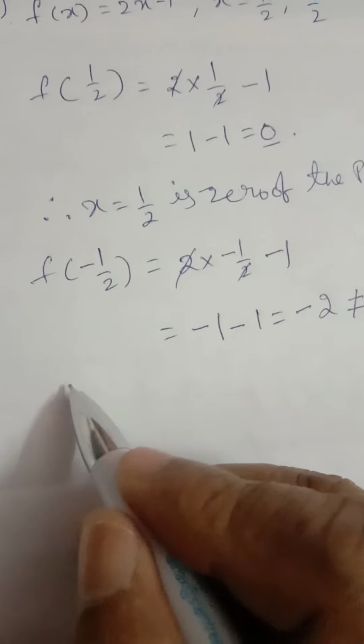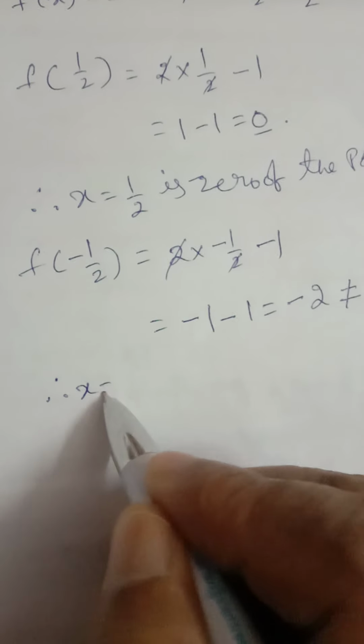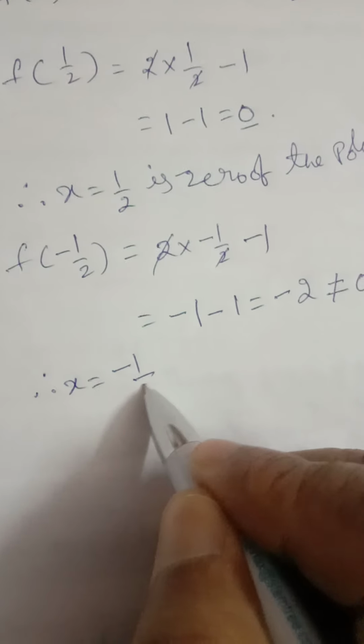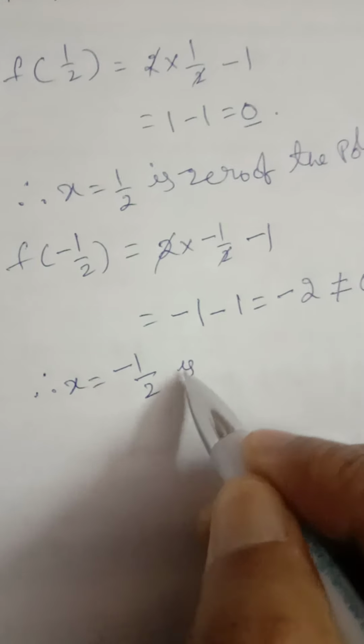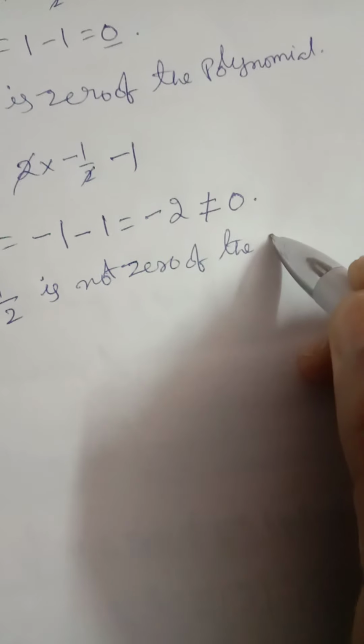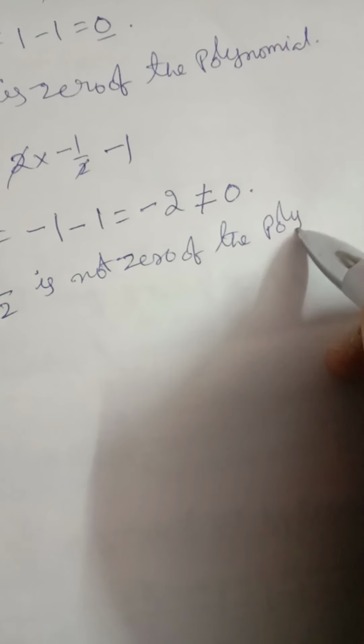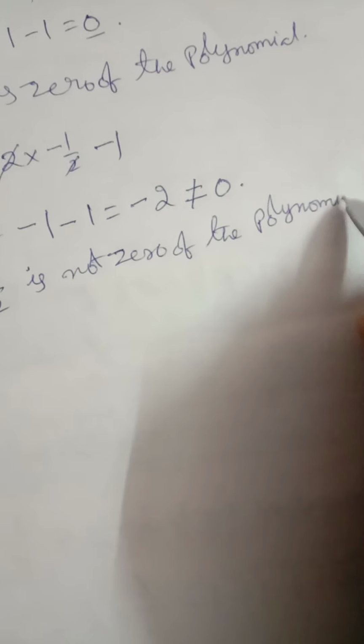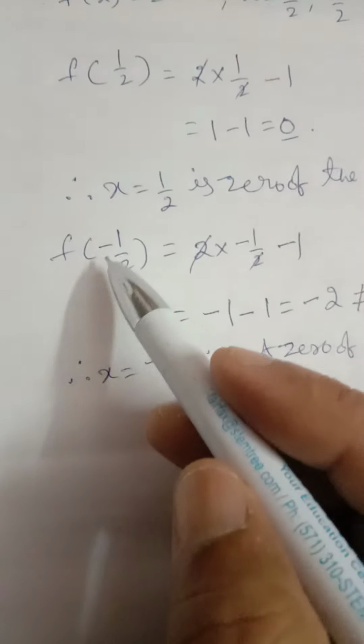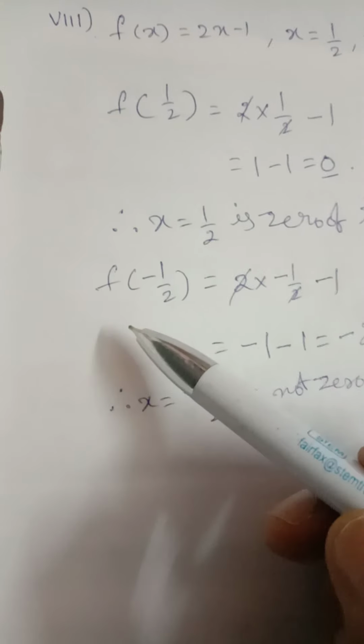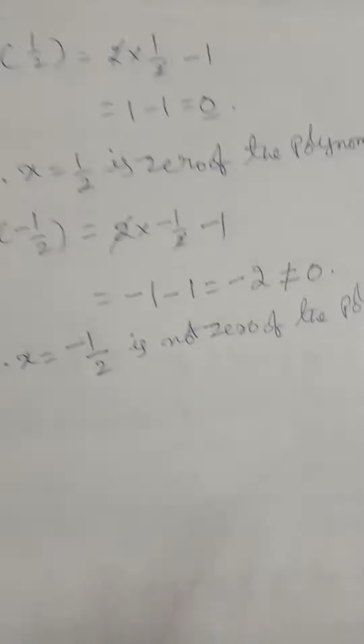Therefore x is equal to minus 1 by 2 is not a zero of the polynomial f of x. F of minus 1 by 2 is not equal to 0.